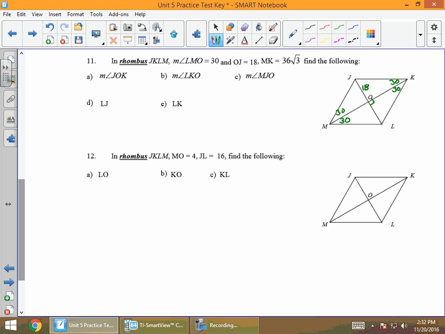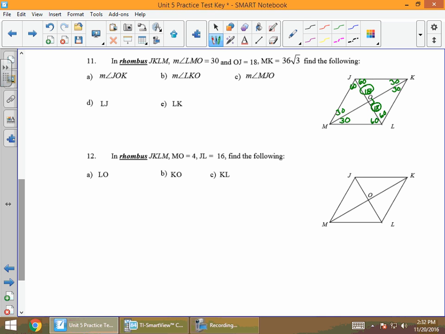And then I have these little right triangles that have 90s and 30s, which means that all of the other angles have to be 60. So I have a bunch of 30, 60, 90 triangles. OJ, we said, was 18. So that means OL is also 18 because diagonals bisect each other.